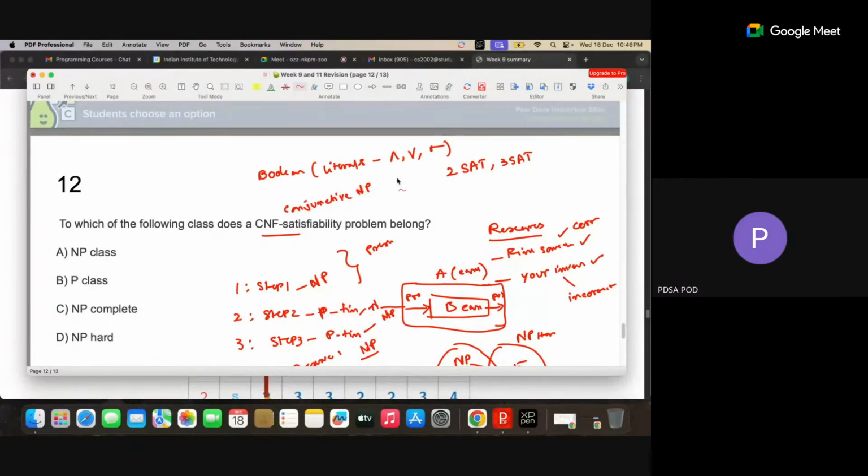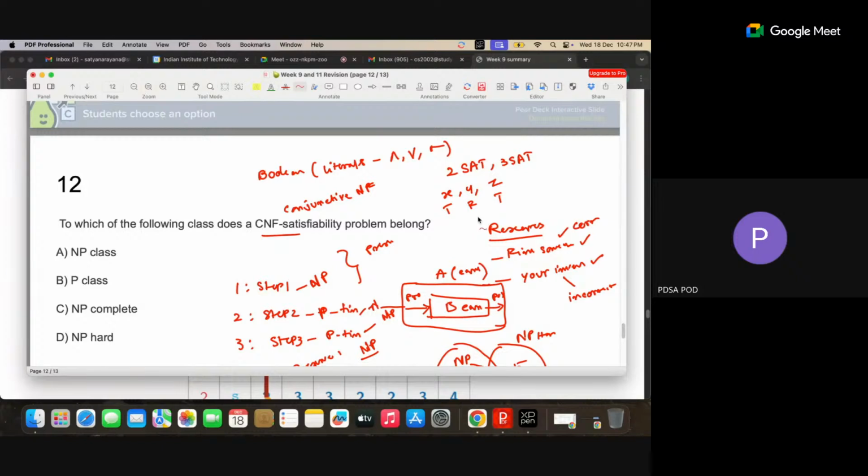Please look at the conjunctive normal form problems. If there are 3 variables, like x, y, and z, initially they specify true, false, and true, some Boolean values. Which class of problems does the CNF satisfiability problem belong to?